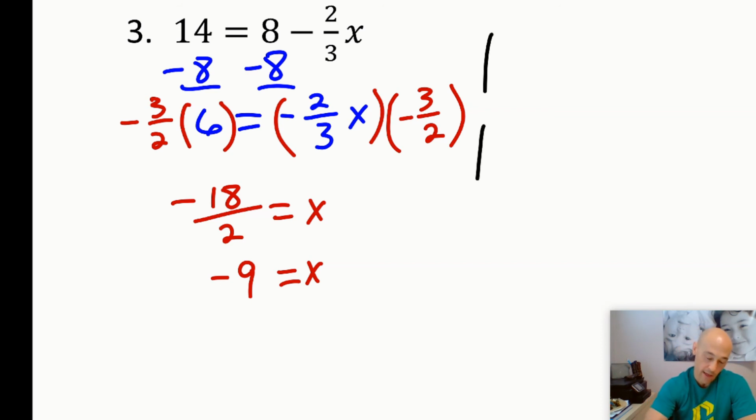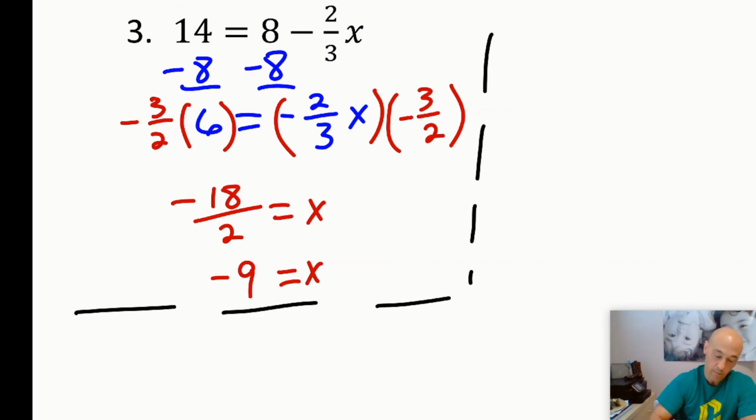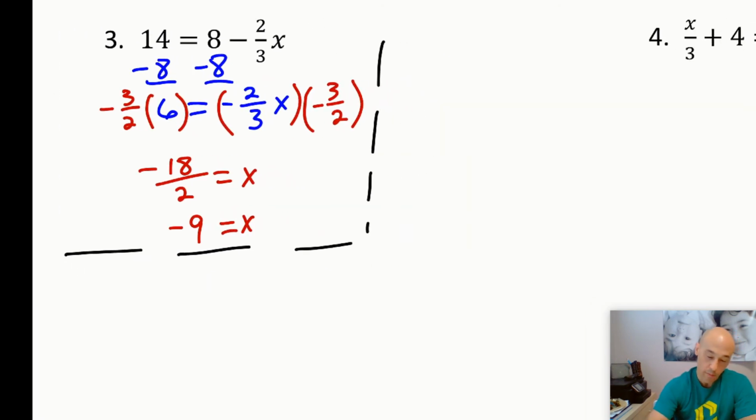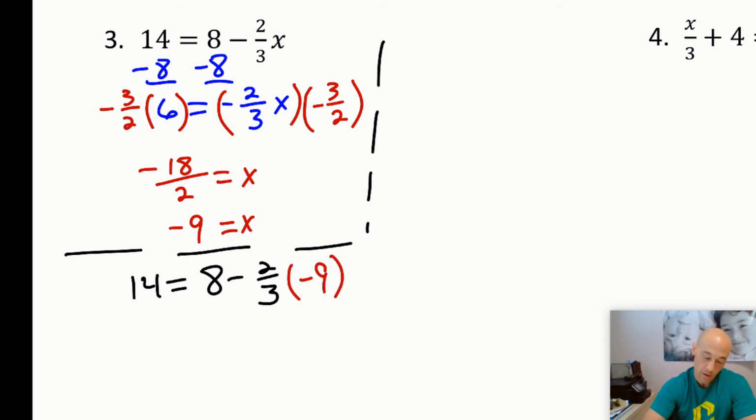So now we can check that solution. So we plug negative 9 into our original equation. So we have 14 is equal to 8 minus 2/3 times negative 9. And right here, we have multiplication.